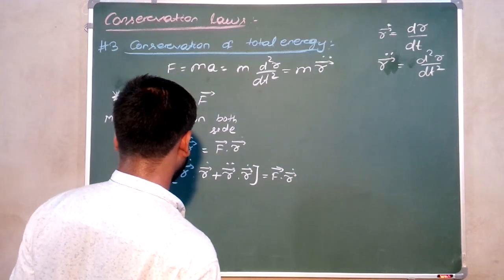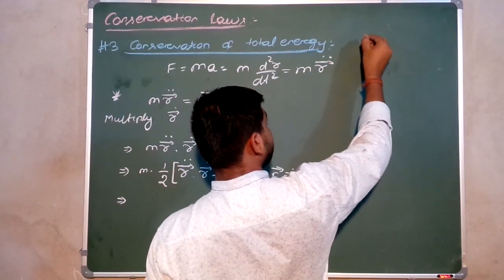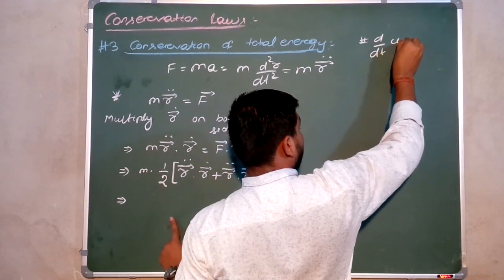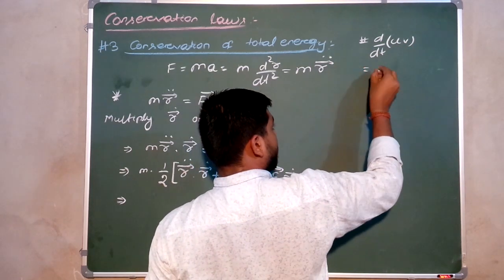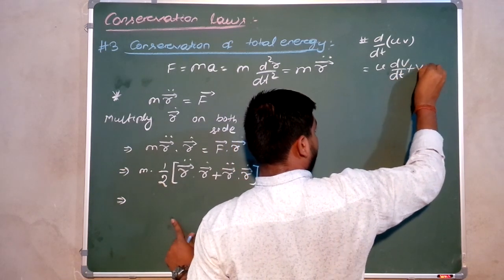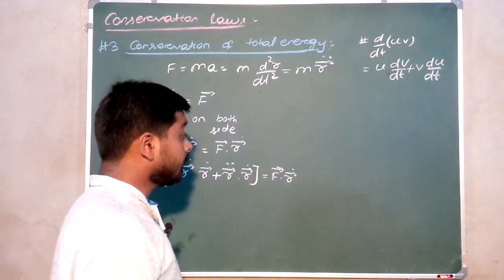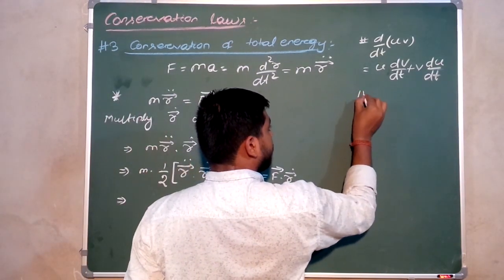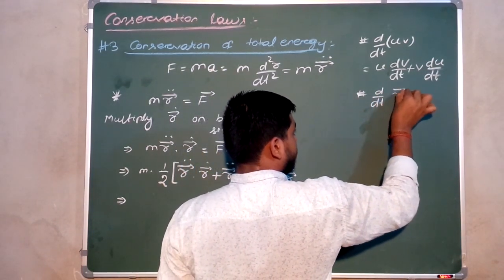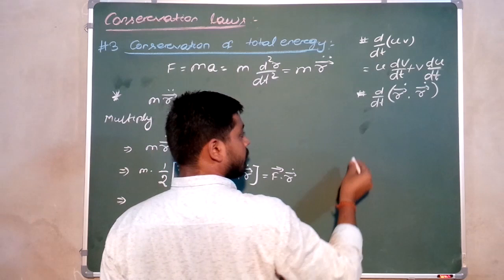Just see here how we simplify this. d by dt of u into v, what is the formula? u dv by dt plus v du by dt. Yes or no? Then in this case, d by dt of r dot dot r dot, how can you derive this?